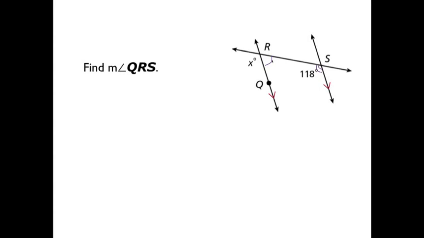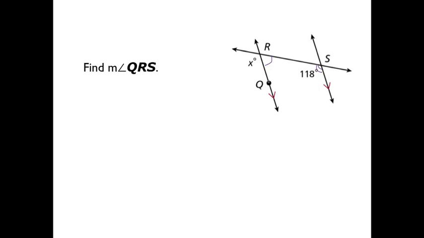What we know from the consecutive interior angles theorem is that they have to be supplementary. So in other words, this angle right here, QRS, has to add with 118 to equal 180. So that's one method I could use. I could just say this angle plus 118 equals 180, and I could subtract 118 from 180.